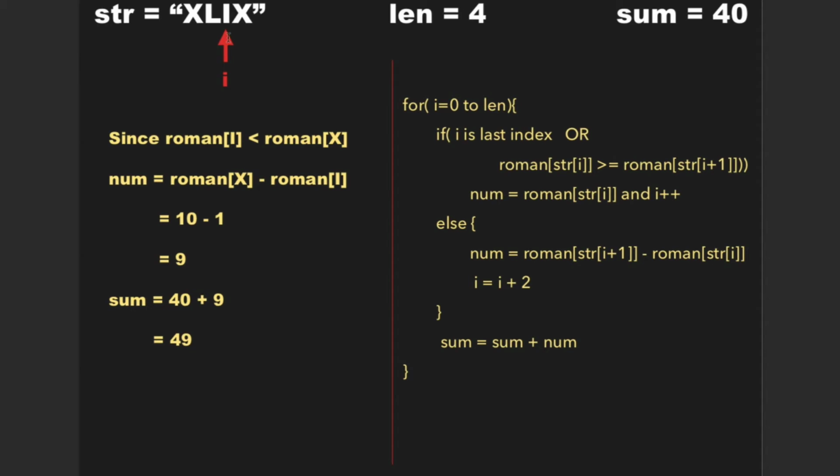So now i points to I. Since the value of I is less than the value of X, num is calculated as the value of X minus the value of I, which is 10 minus 1, 9. So now num is added to sum, which gives the total value of sum as 49. So the integer representation of XLIX is 49.